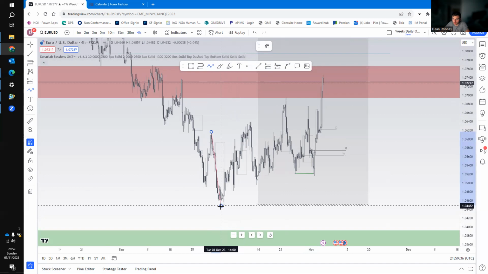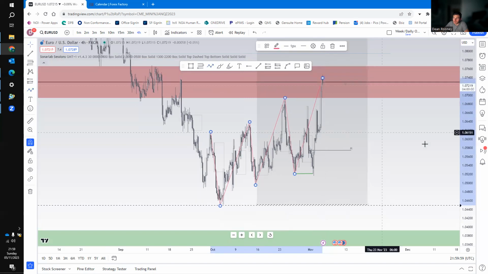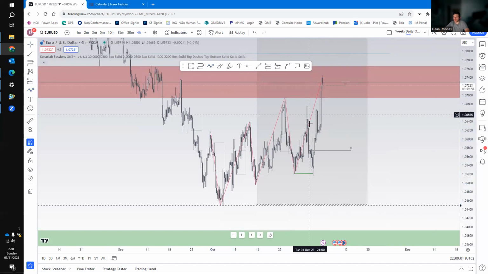You've made a lower low, but then here you break this, so you've made a higher high. And then here you've made a higher low, because you've not come down and broken this low. Then this is a higher high, this is a higher low again. This is sweep liquidity. And then here, this is another higher high.